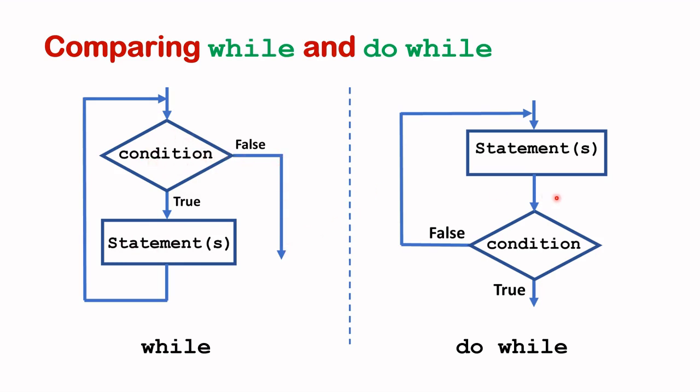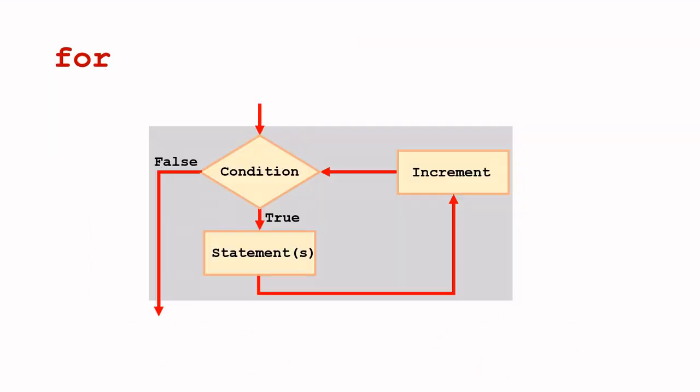Now if we look at the do while, the statements to be repeated will be executed at least once, because these statements will be executed prior to the condition being tested. So that's the difference between the while and the do while.